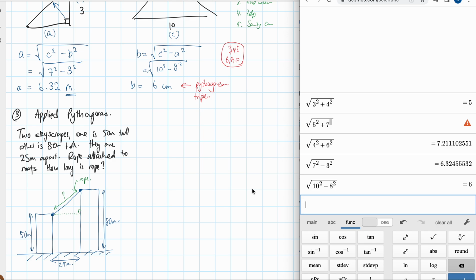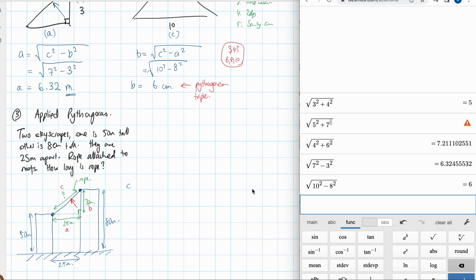Now we know that with Pythagoras, we can help find lengths when there's a right angled triangle. We also know that the base is 25 metres and that the height is 80 minus 50, which is 30 metres. So now we can work out the length of this rope. So what we do is we label the triangle, and we're going to switch to red now. This we can call A, this we can call B, and this we can call C, because it's the hypotenuse, opposite the right angle. Let's sub in the values.